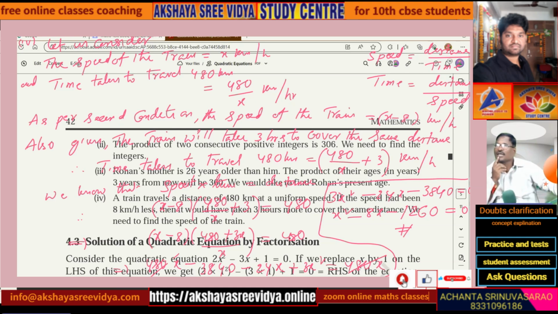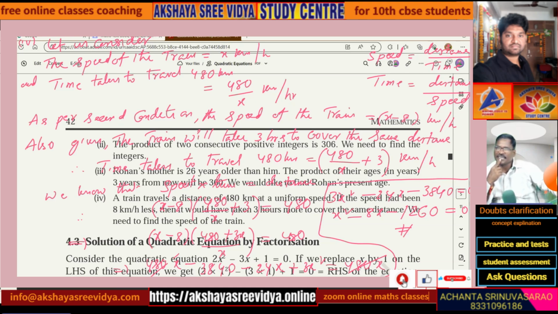And also given the time taken is 3 hours more to cover the same distance. The time taken to travel 480 kilometers means 480 by x plus 3. We know that speed into time is equal to distance.